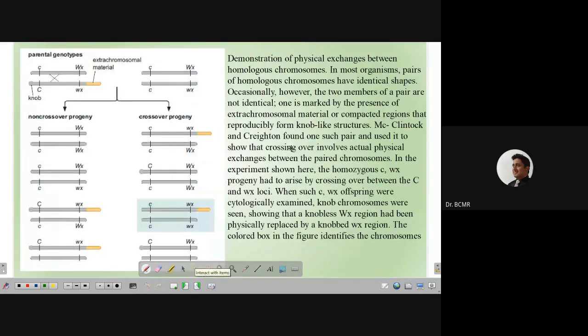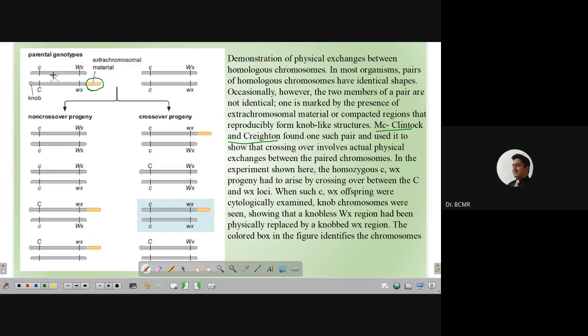This is one of the important contributions by McClintock and Creighton: they proved that the exchange between these two happens as a physical part. They used a different experimental system to show this, I think it is Drosophila, where one of the chromosomes had an extra piece like this.